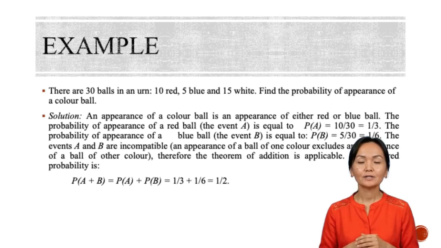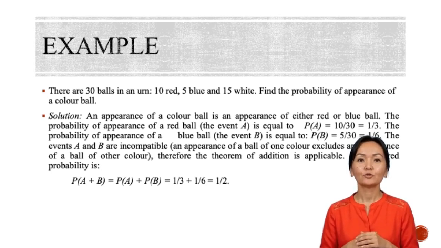Let's consider another example to reinforce our understanding. Suppose we have an urn containing 30 balls: 10 red balls, 5 blue balls, and 15 white balls. We want to find the probability of drawing a colored ball, which means we want either a red ball or a blue ball, since white is not considered a color in this example. The probability of drawing a red ball is 10 out of 30, which simplifies to 1/3.